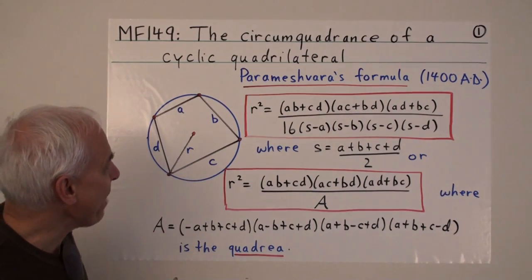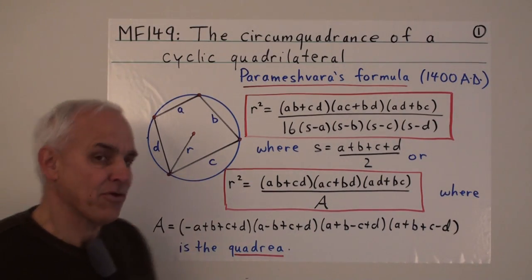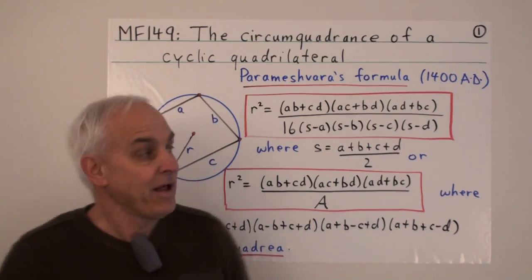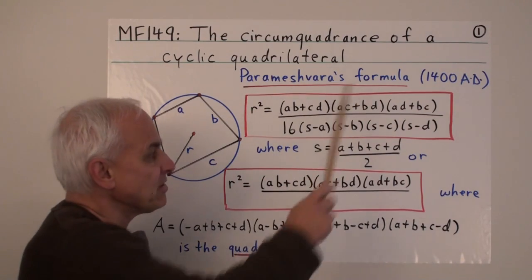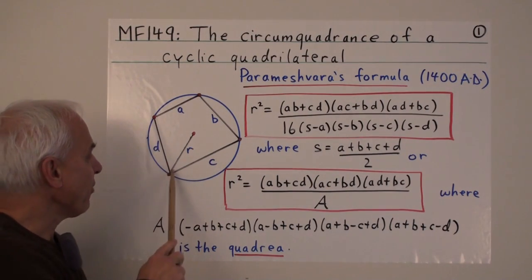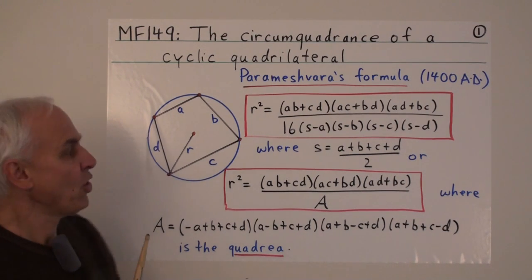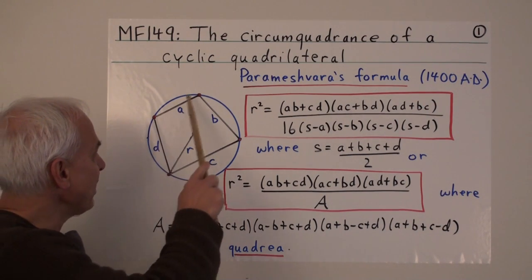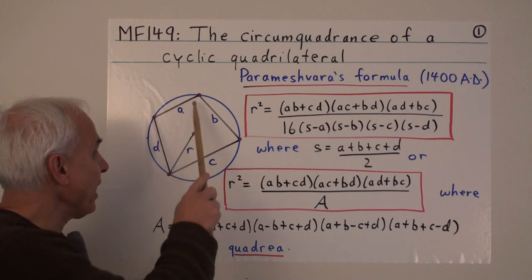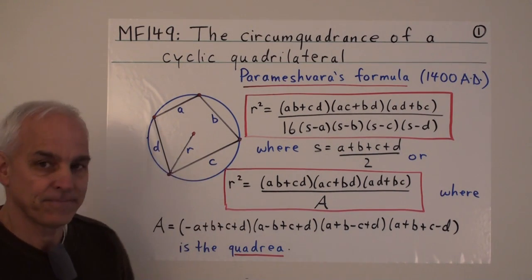Okay, so we're going to go back in time to another very fabulous and interesting result called Parameshvara's formula. It's a formula for the radius, little r, of a circle that contains a cyclic quadrilateral with side lengths little a, b, c, and d.